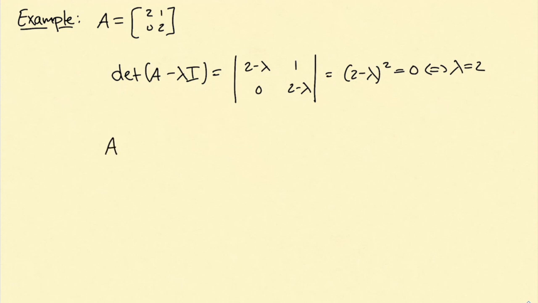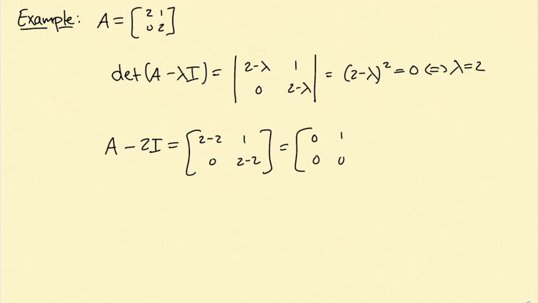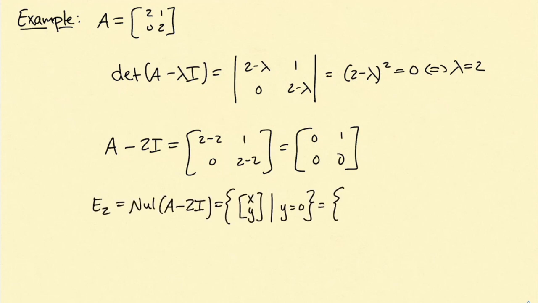If we compute the matrix A minus 2I, then we'll see, unlike the previous example, we end up with a single non-zero entry. This, of course, tells us that the matrix A minus 2I has a one-dimensional null space. And that null space is the line y equals 0.